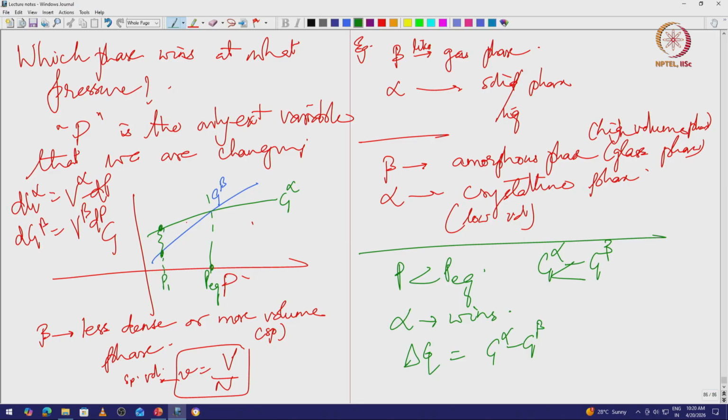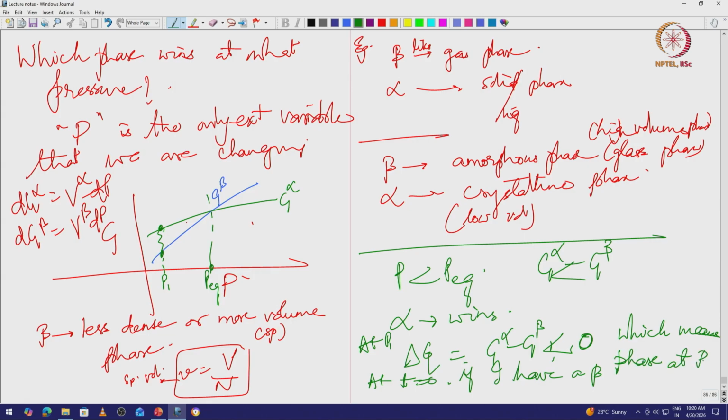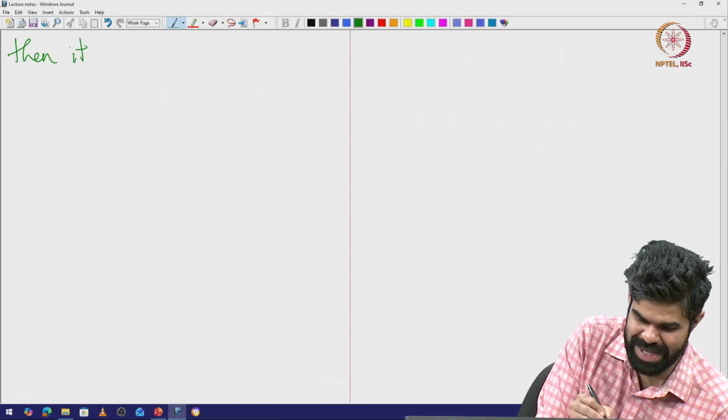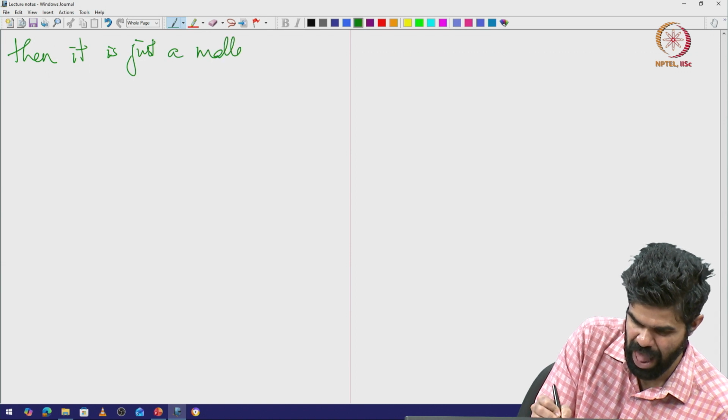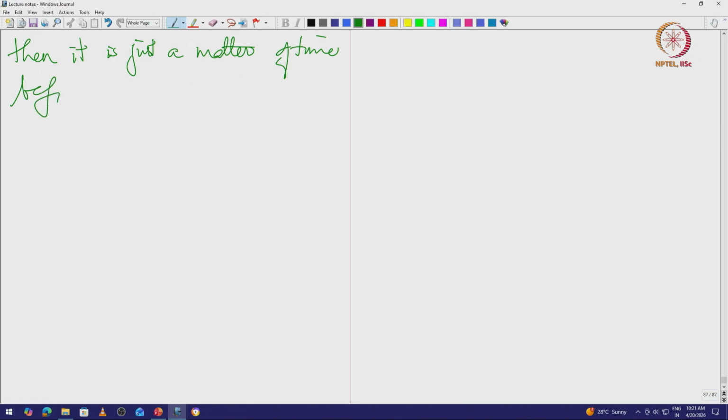So, at this pressure, let us say at pressure P1, G alpha minus G beta, but I define which is negative, which means if I have beta at pressure P1, at time t equal to 0, if I have a beta phase, right, at pressure P equal to P1, then it is just a matter of time before which it converts to alpha, right.